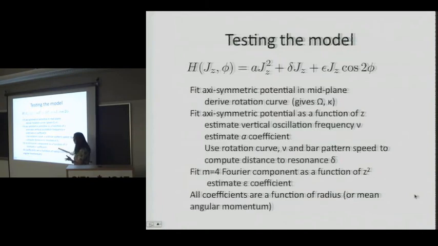And then I take the Fourier components as a function of z squared, and I measure their strength. And that tells me the width of the resonance. Everything is a function of radius, so that I can plot everything.